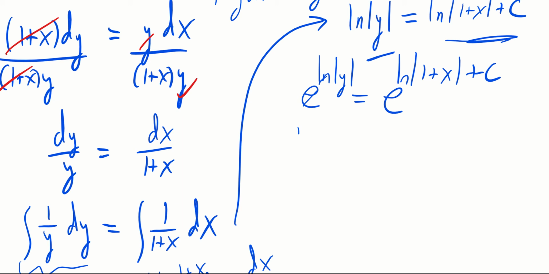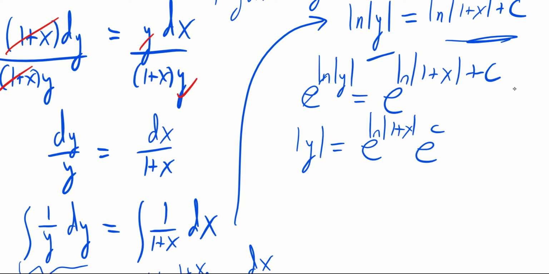The e and the ln cancel because they're inverses, so we get the absolute value of y is equal to, let's split this apart, e to the ln of 1 + x times e raised to the c power.